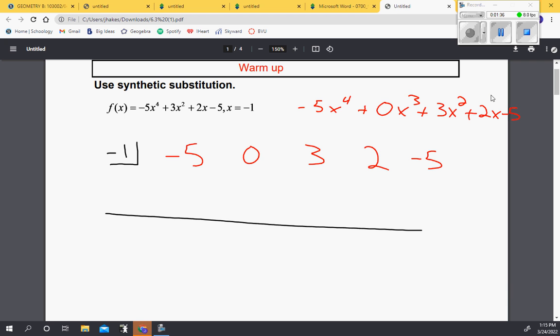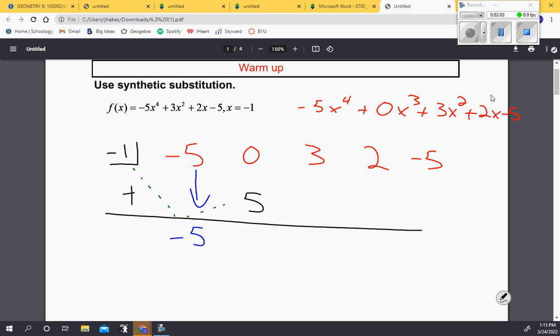The first step is bringing down this negative 5. And we always do that using synthetic substitution. And then the number below that line, we have to multiply with the number in our little half a box here. So negative 1 times negative 5 is a positive 5. And we write it right below the 0.